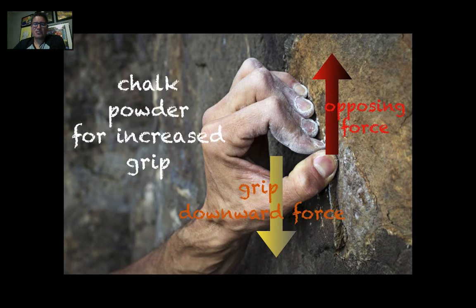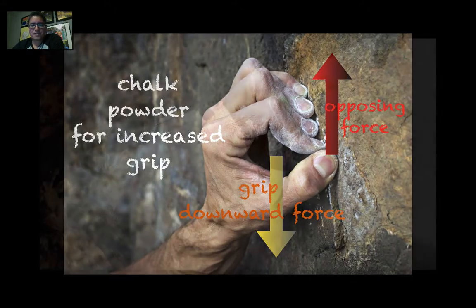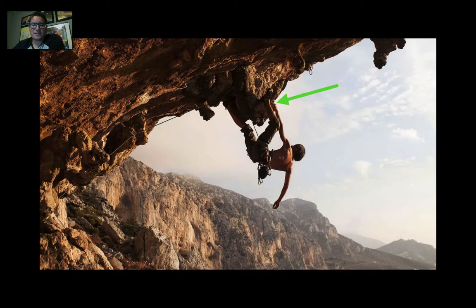This chalk powder is for increased grip. It actually increases the frictional force that your hand has with the wall, and it gives you better grip. So those are the forces that we're looking at as somebody is climbing a wall.